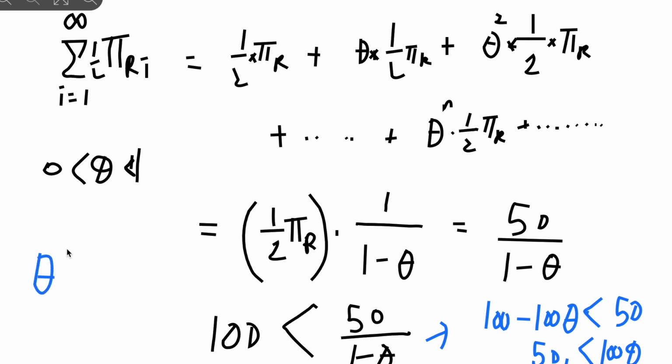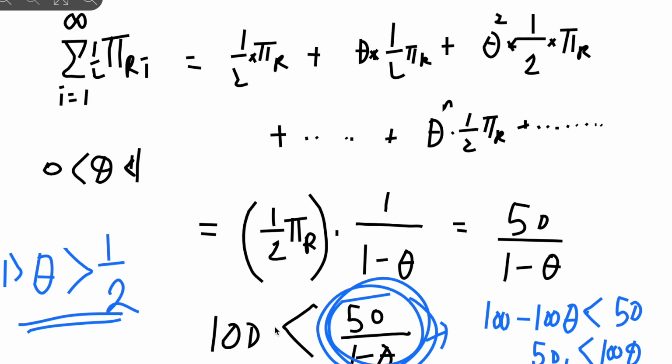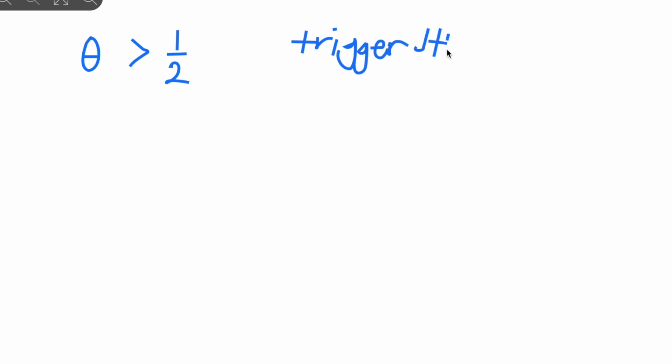If theta is greater than half and smaller than 1, we will have the aggregate profit greater than the deviation of taking monopoly profit for one time. So it will prevent the deviation from the agreed price. So if theta is greater than half, we get the trigger strategy set.